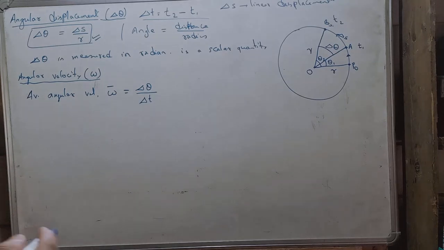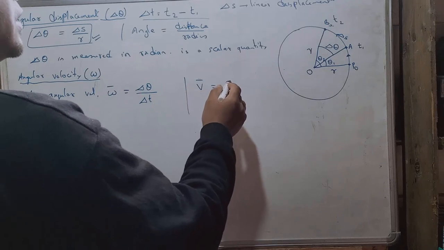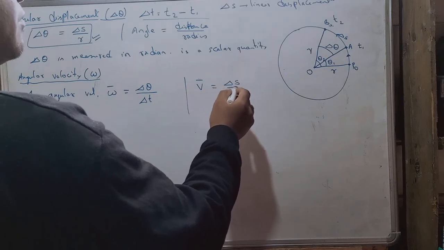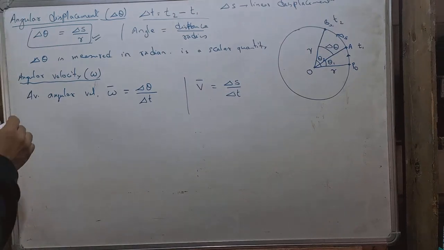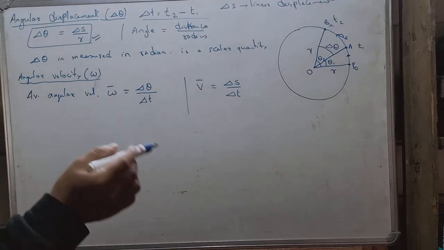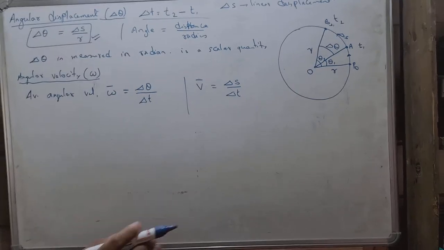Just like average linear velocity is defined as displacement, that is delta s upon delta t. In the case of linear velocity, we have an average value and an instantaneous value.